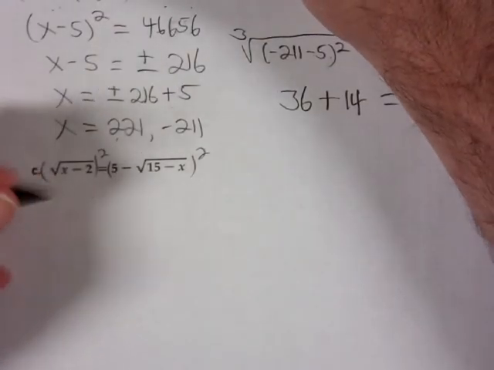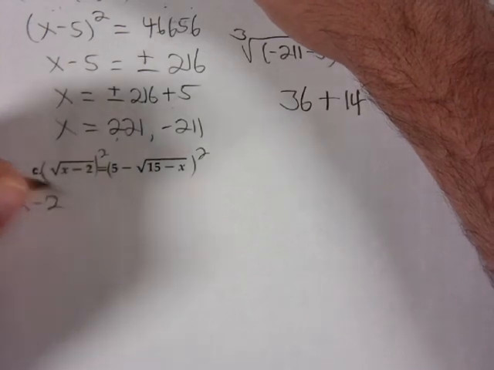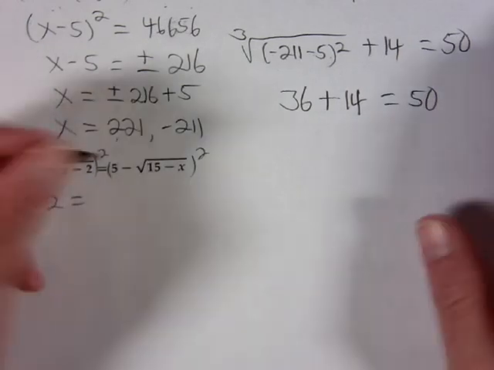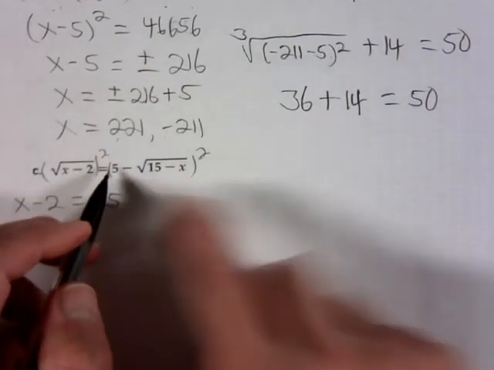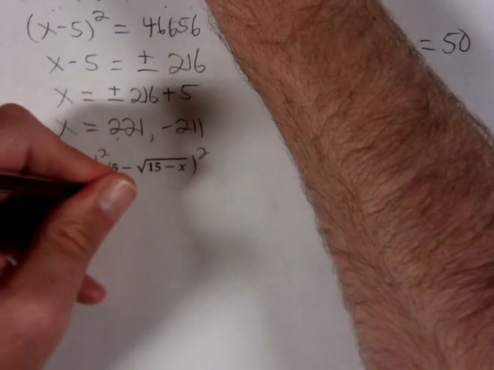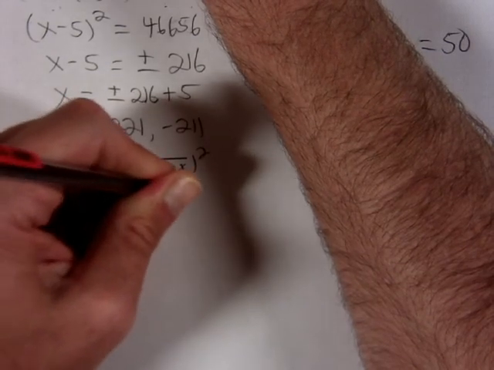So when we square this side, we've got x minus 2 that falls out. However, when we square the other side, we can do 5 times 5, which is 25, right? Then it would be 5 times this radical, which is minus 5 square roots of 15 minus x, right?